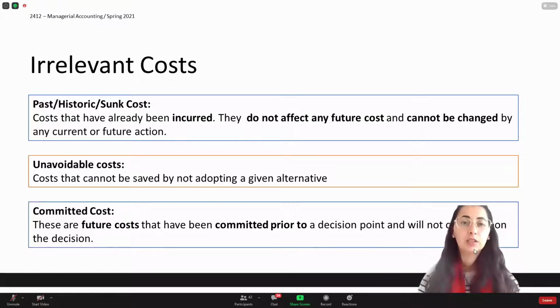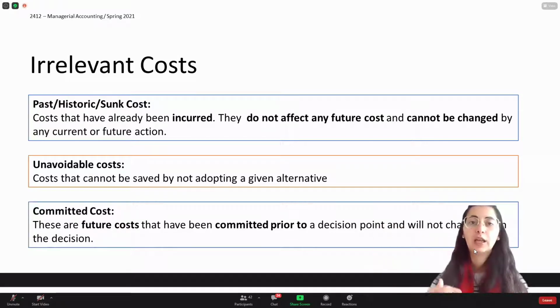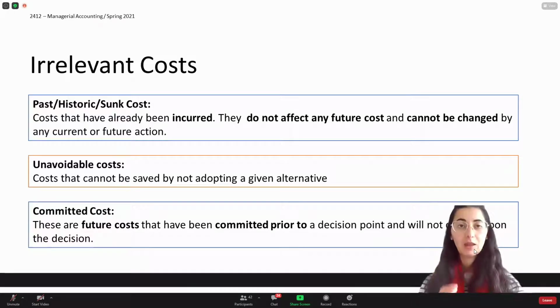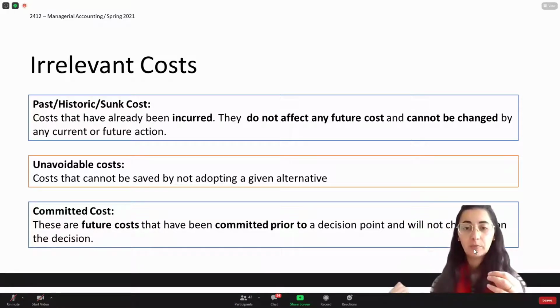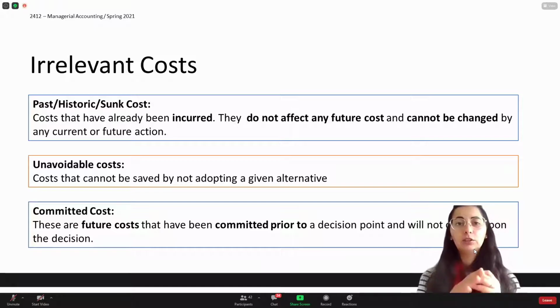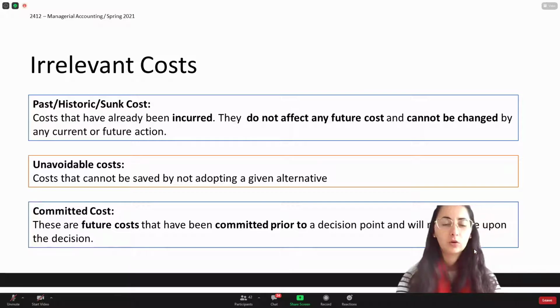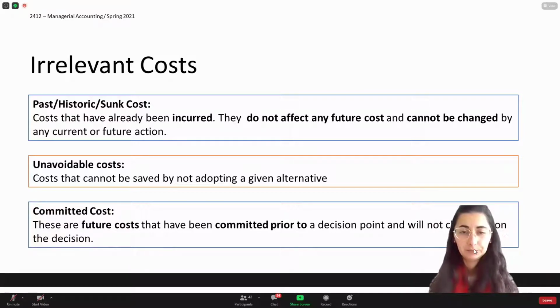It can be, for instance, the insurance, which we have to pay, or the telecommunications with internet, where we have this 2 year payment period. These are future costs that have been committed in the past, and I cannot just stop paying them. So these are also costs that are irrelevant.